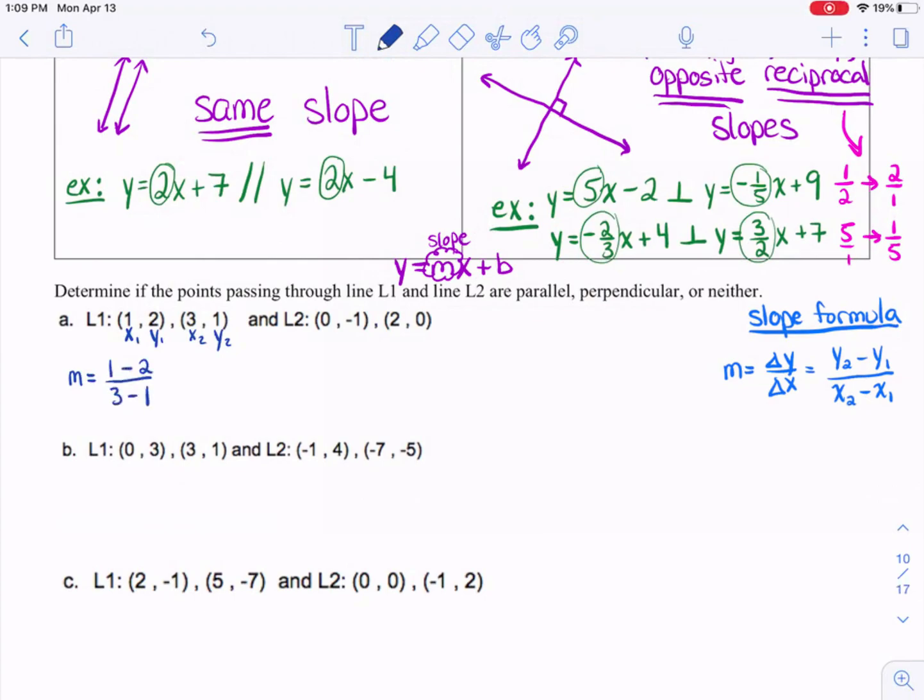Sorry, Miss Murphy. I'll get to the next one. That's fine. We're going to just go right into applying the formula. So we have 1 minus 2 over 3 minus 1. Now, some of you using your graphing calculator might go directly to alpha y equals and put that in as a fraction. We'll give you a second to do that.